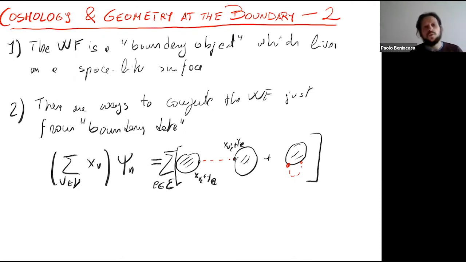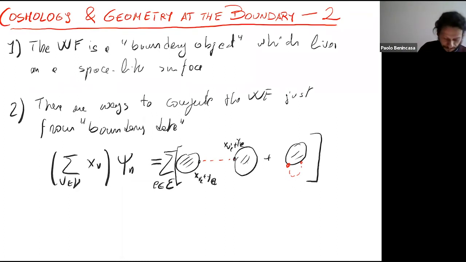Okay, so one nice thing of this way of discussing the contribution to the wave function is that, rather than writing down the full Feynman diagrams, we can map it into what I call the reduced graph.